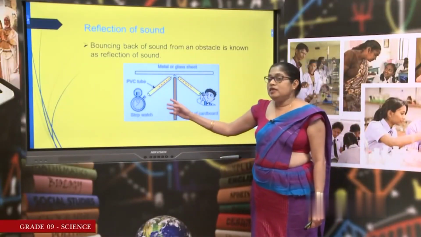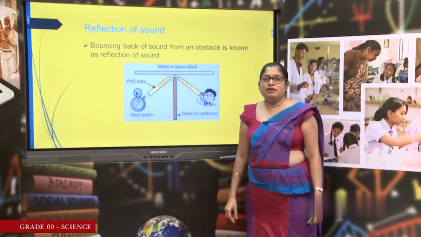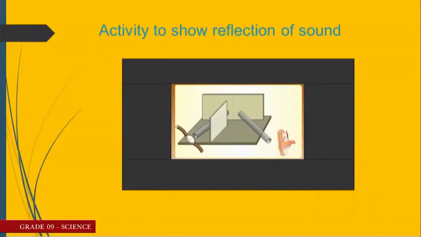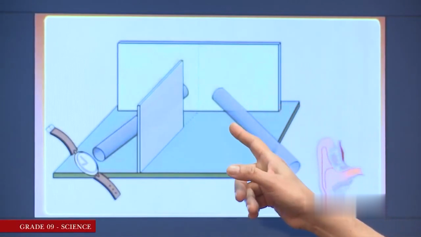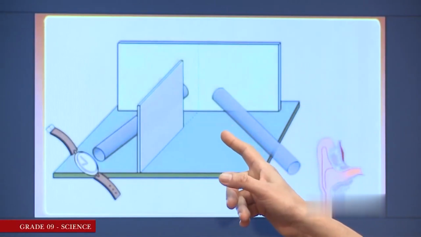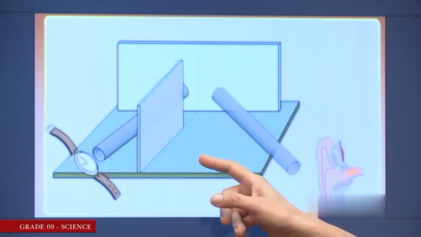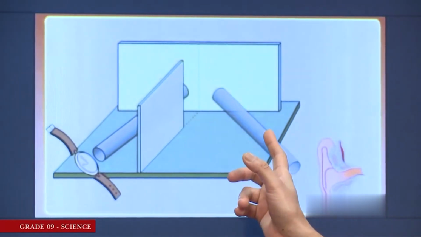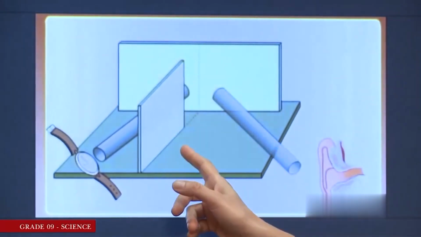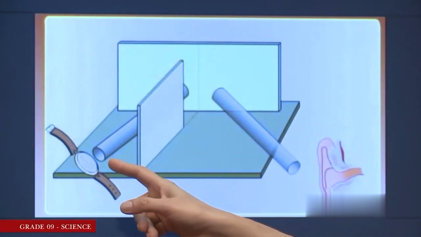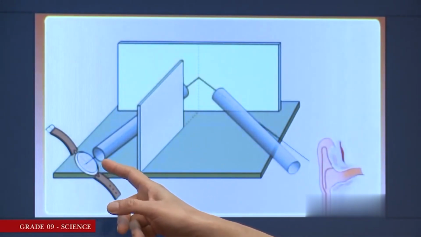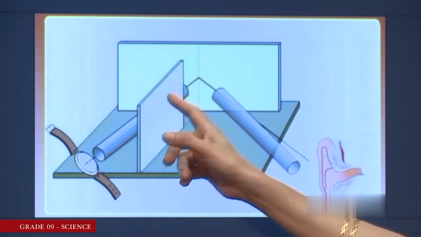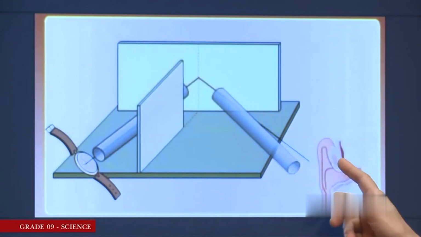So, let us watch the video and explain it more. This is the metal sheet that is kept perpendicular to this board, and these are the two hollow tubes, and this is the cardboard in the middle. So, when a ticking sound is made, it goes and reflects here.